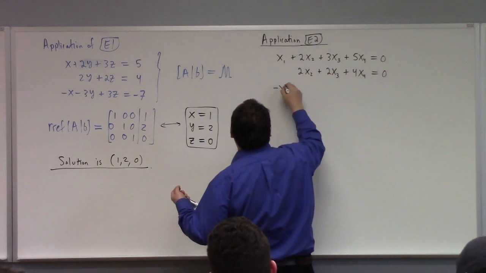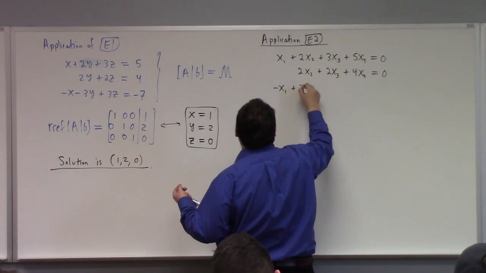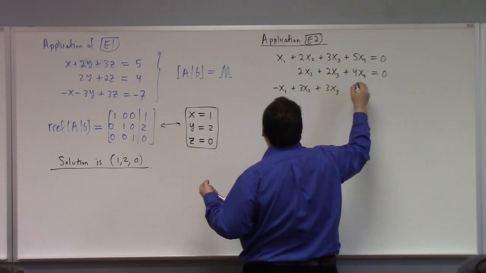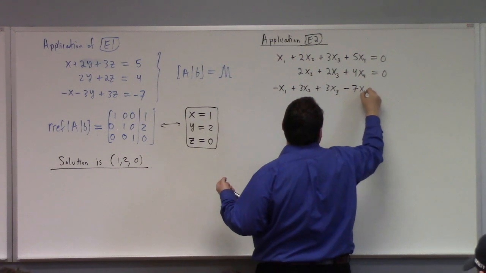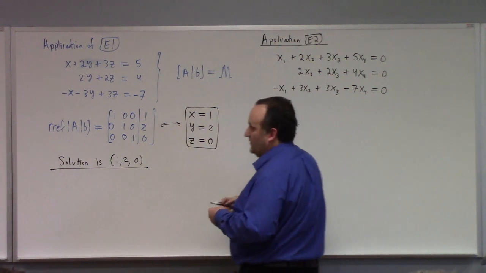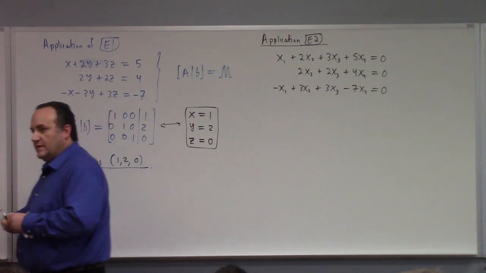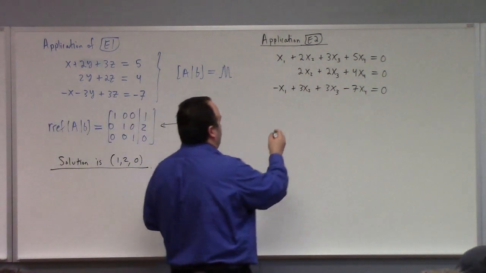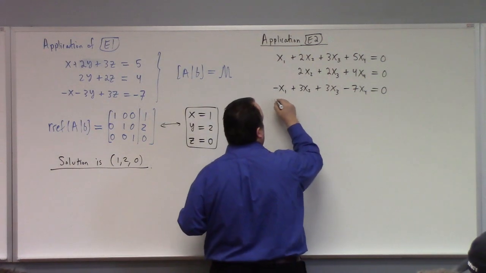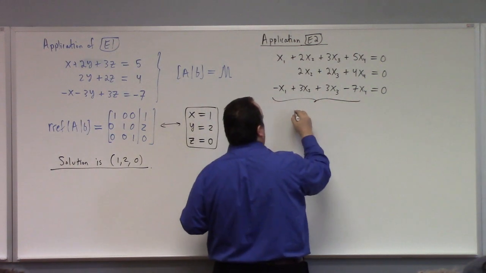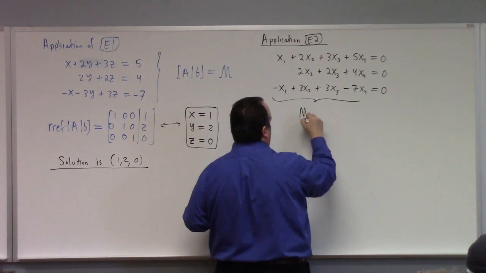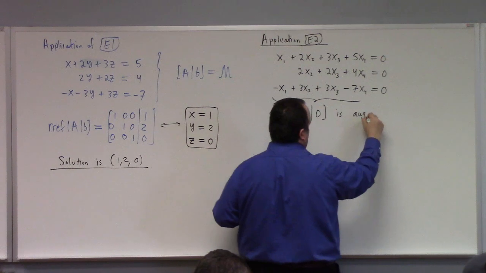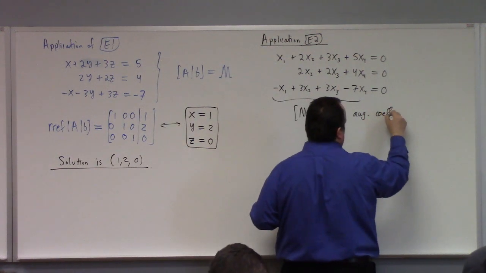Let's see here, minus x1 plus 3x2 plus 3x3 minus 7x4 equals 0. So here's 3 equations and 4 unknowns, right? The augmented coefficient matrix, this has what? So M with 0 attached is the augmented coefficient matrix for this system, right?